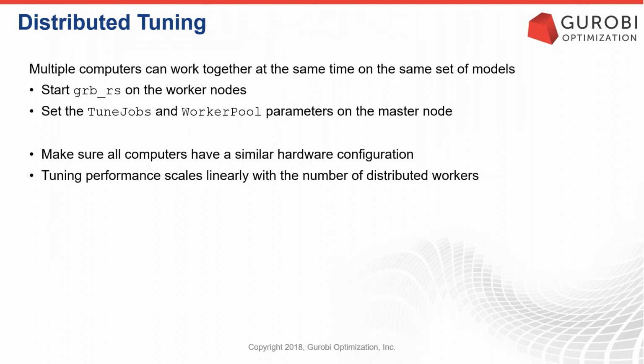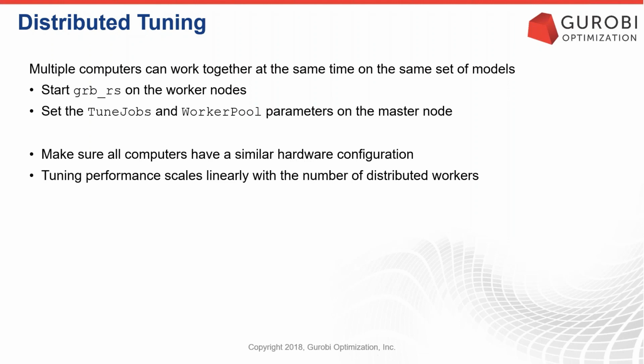You can not only use it on a single machine, but you can also use it on multiple machines. The way it works is you start the GRBRS program, which is also part of Gurobi, on different worker nodes, and on the master node, you set the tune jobs and the worker pool parameters. So you set the worker pool parameter to a set of host names or IP addresses where these worker nodes can be found, and then all machines will work together on the same set of models for tuning.